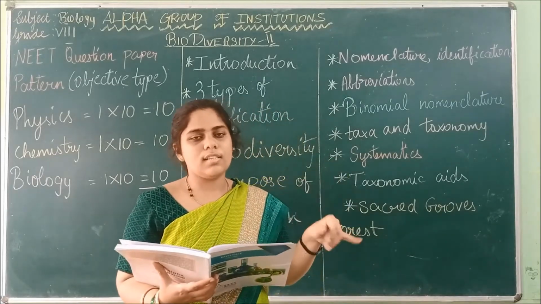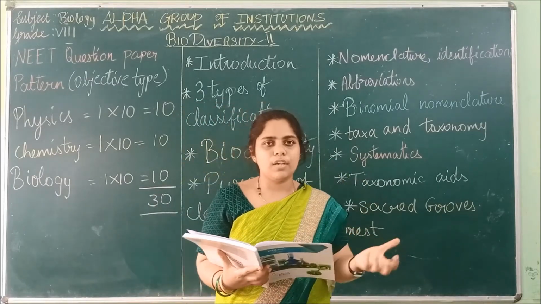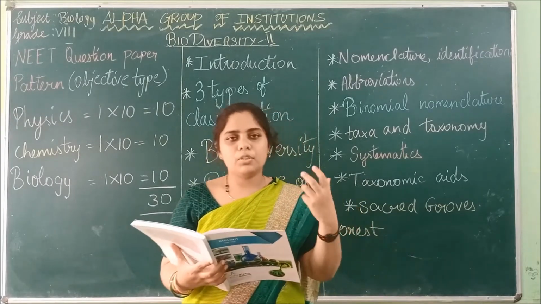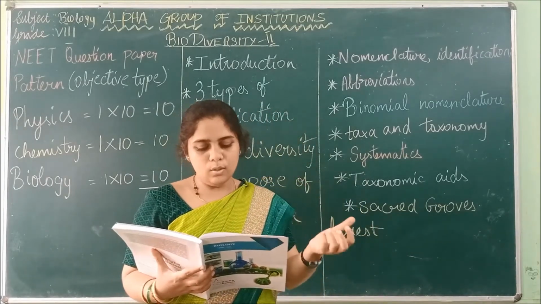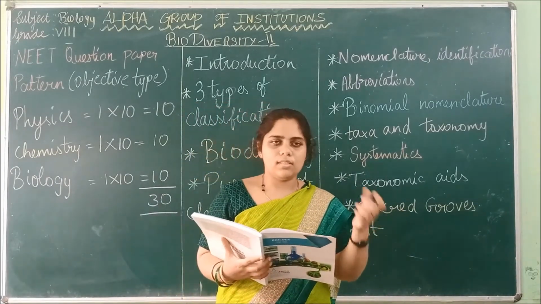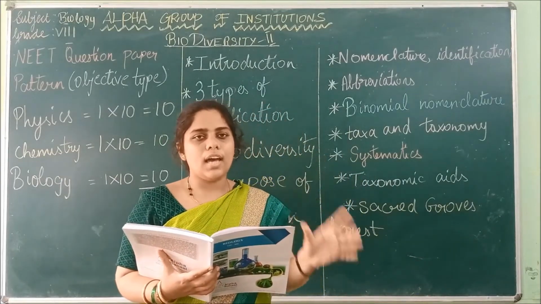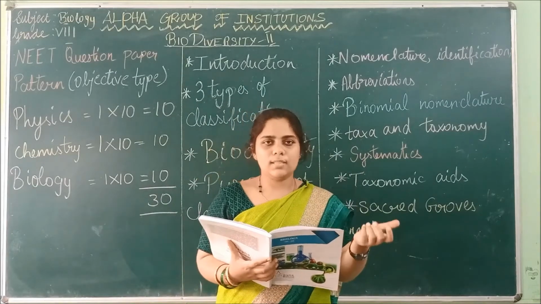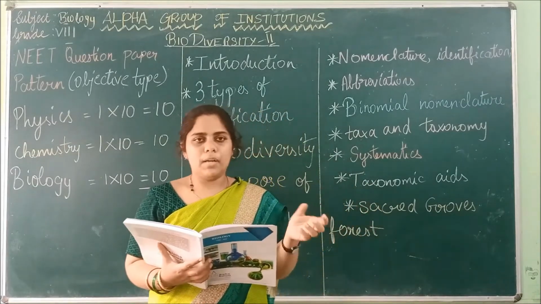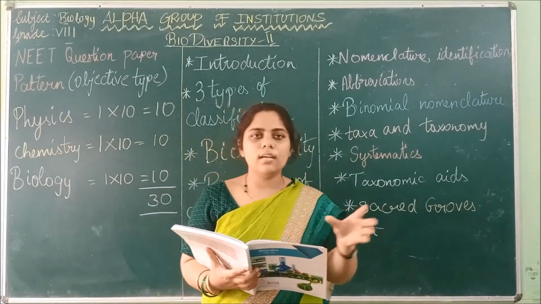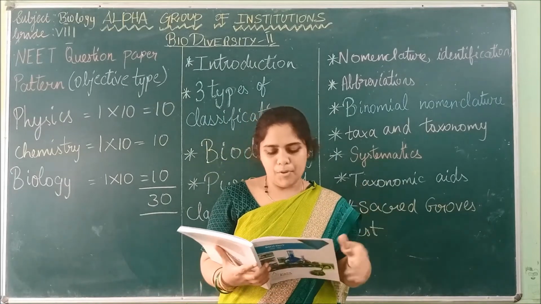So zoologists are persons who classify animals, and botanists are persons who classify plants. So that you should know. Zoologist means they classify animals and botanist means they classify plants. It is given together, it may be asked separately.